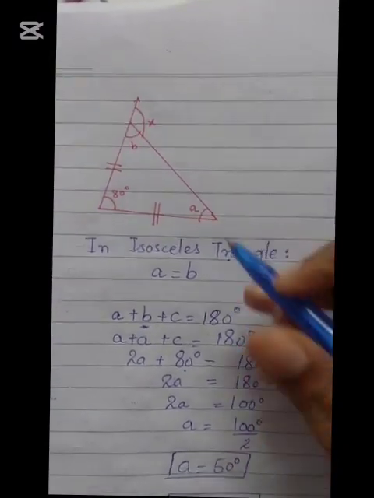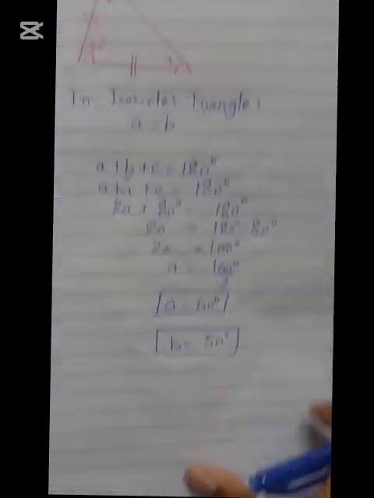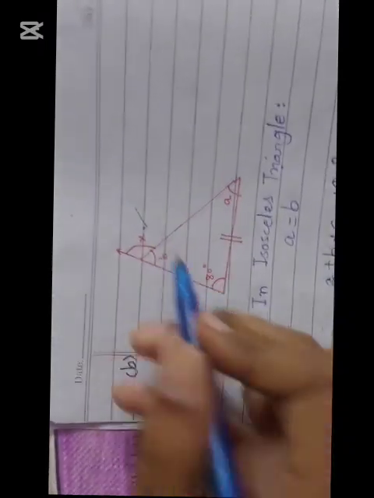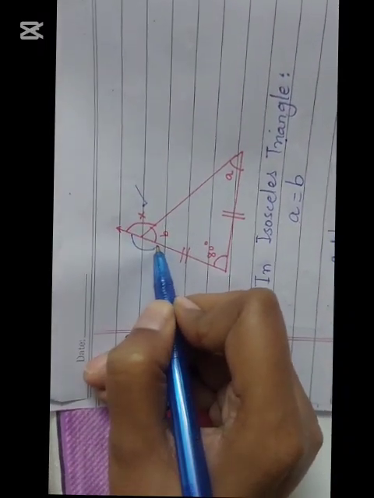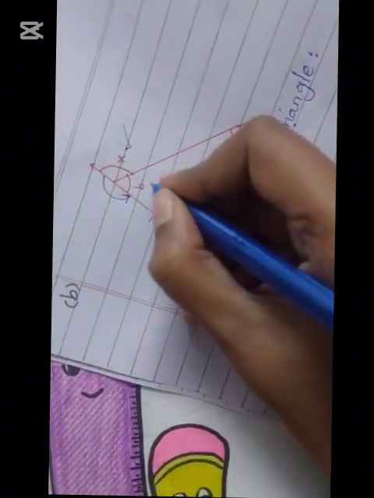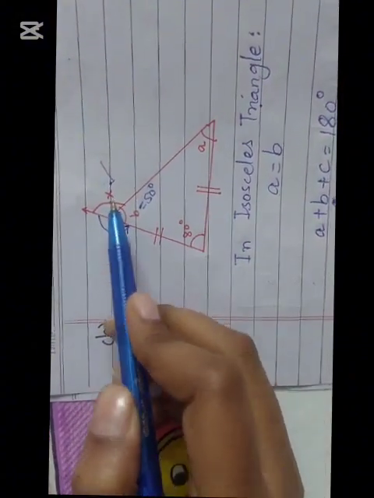Now we are going to find our exterior unknown angle X. We see this exterior angle is linked with angle B, and we already found B equal to 50 degrees. How can we find the exterior angle with the help of the interior?